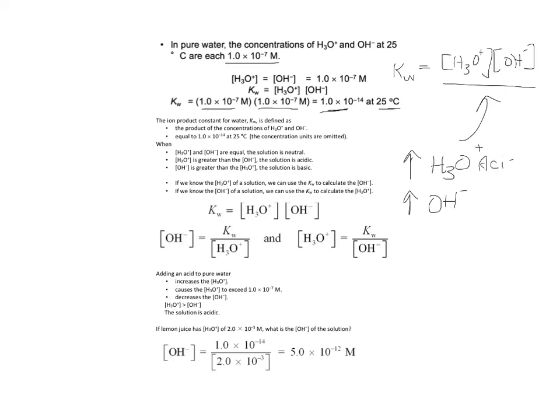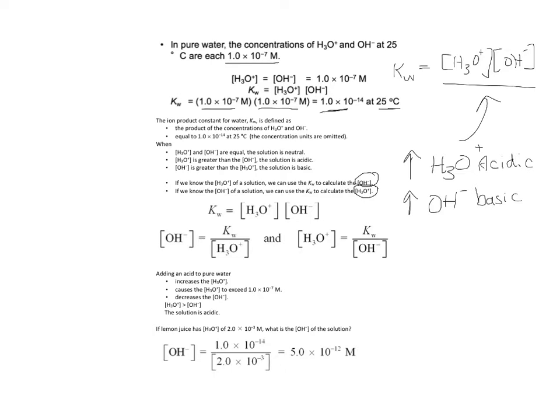So it's acidic if you increase the concentration of the H3O plus, and it is basic if you increase the concentration of the OH minus. So again, if we know the H3O plus of a solution, we can use Kw to find the OH minus. And if we know the OH minus, we can use the Kw to find the H3O plus. So that's going to become useful a little bit later on.